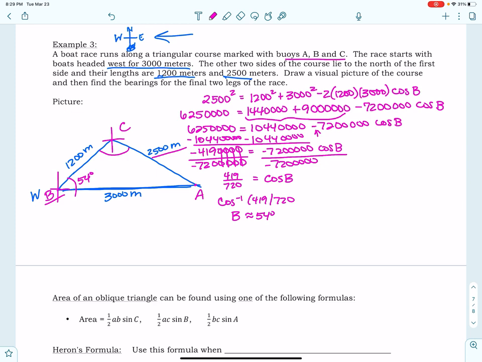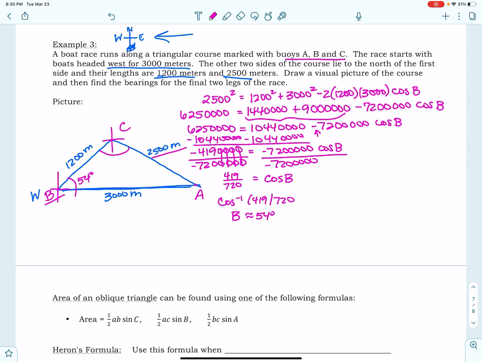Now, because this is a little lengthy and messy, for this next problem with the law of cosines, I'm going to chop it up a lot. So I'm not going to write it all out. I am going to use the law of cosines again because I want you to see it in action once again.